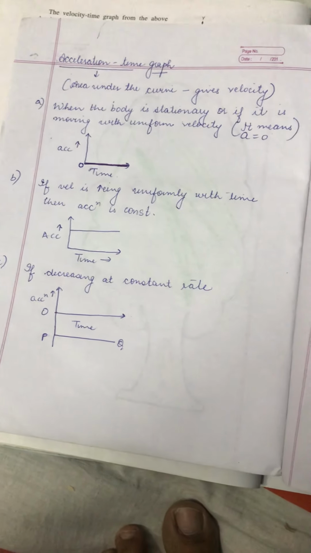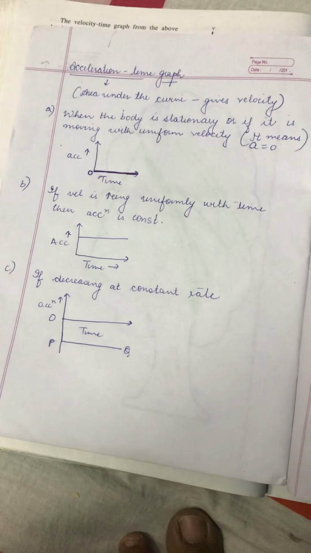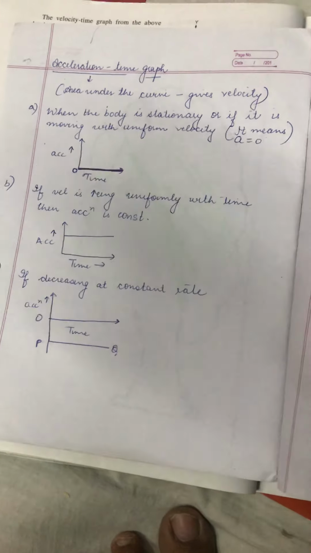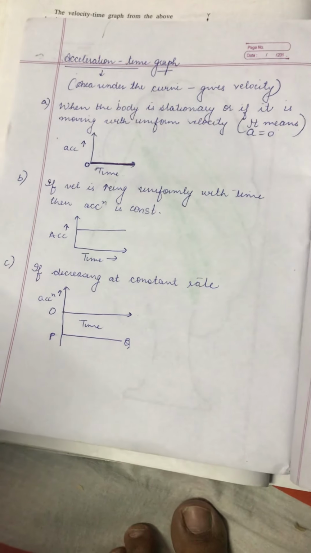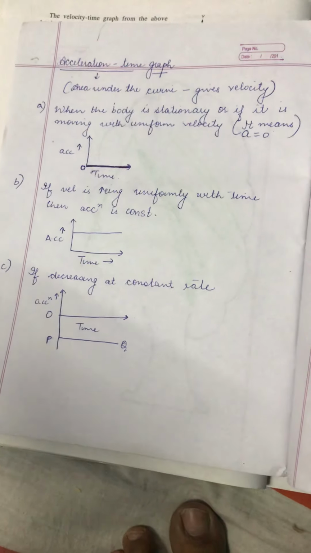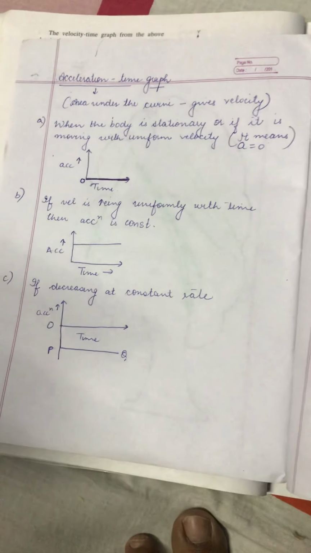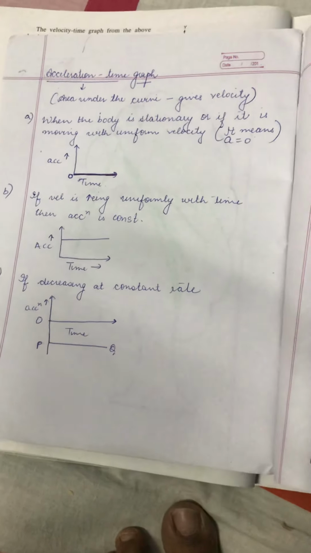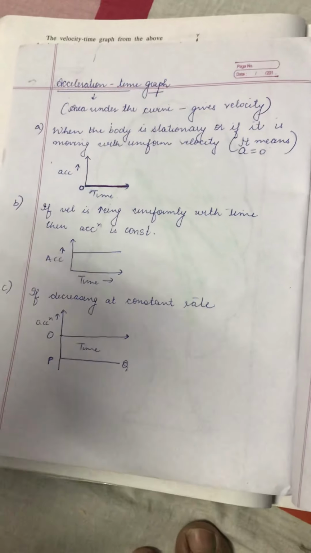The second case: if velocity is increasing uniformly with time, then the acceleration is constant. That we also know. If velocity is uniformly increasing, like for 1 second it has 2 meters, then for the second second 4 meters, then for the third second 6 meters, so it is increasing uniformly.